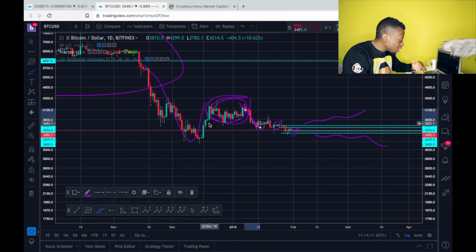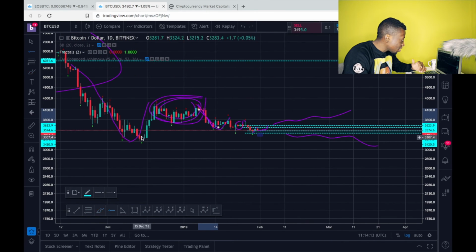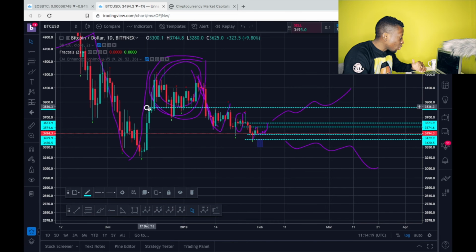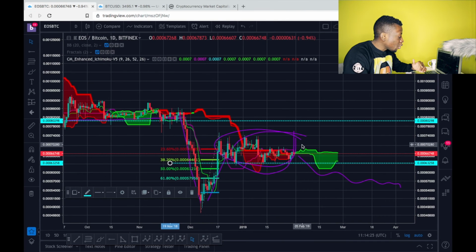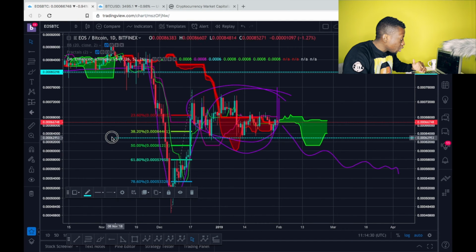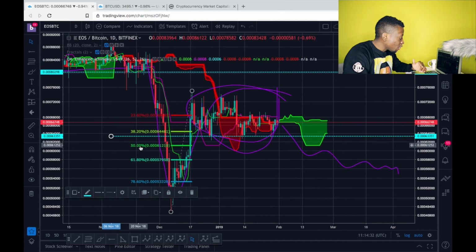As you guys can clearly see, there's a whole lot of things here, so please bear with me. We pretty much did the same thing: we broke this support level right over here and ended up going lower. So EOS is going to have the same characteristics, and we are going to break this area and end up going lower than that.